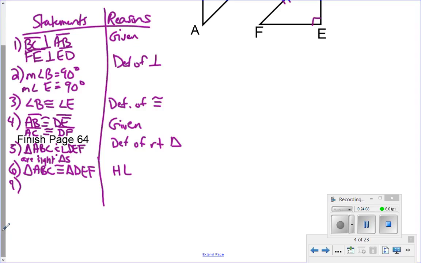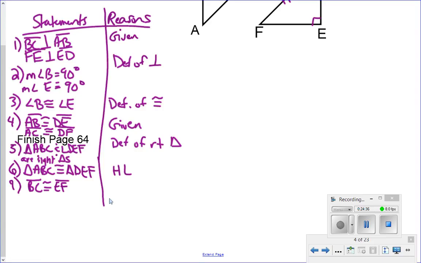We know the corresponding angles and the corresponding sides are congruent. Remember I said just go in order. So because the triangles are congruent, then we can state what we're trying to prove, that segment BC is congruent to segment EF. Remember, going in order, B, C, E, F. And we can state that our reason is because the corresponding parts of congruent triangles are congruent.